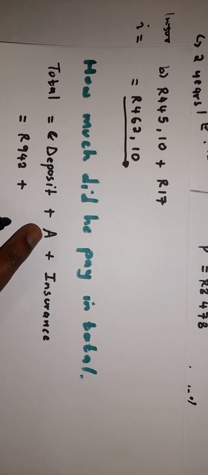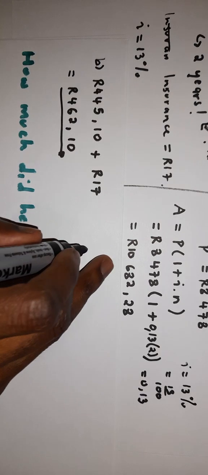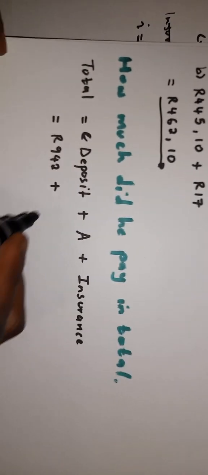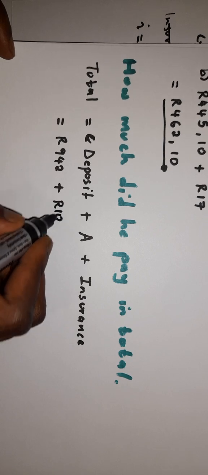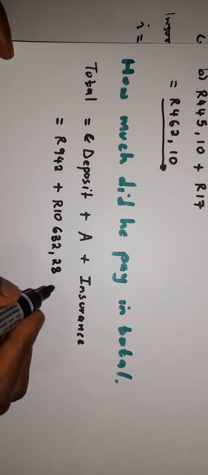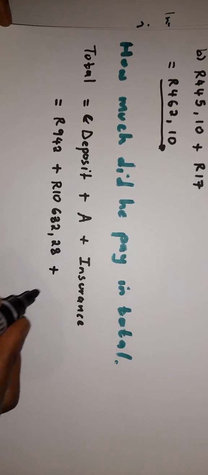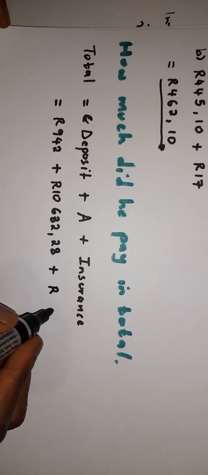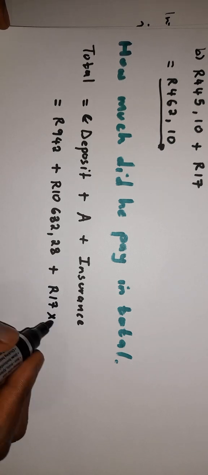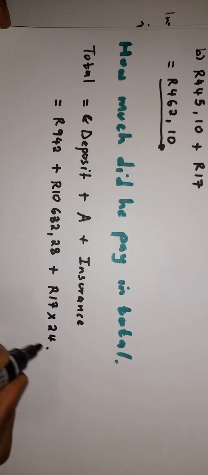Remember, it's A. Here's my A. So it's A. A is 10,682 and 28 cents. Plus the insurance. We know for insurance he pays 17 rands per month, and then the number of months is 24 months.